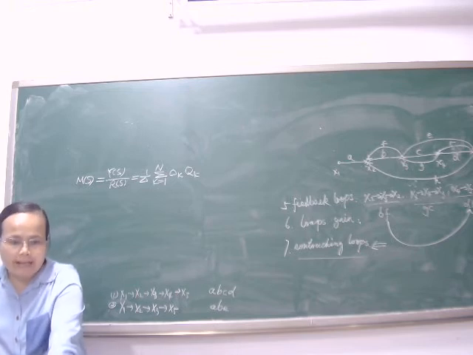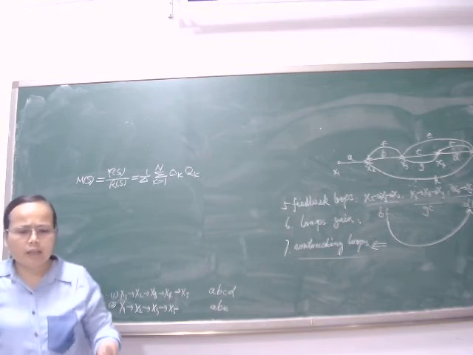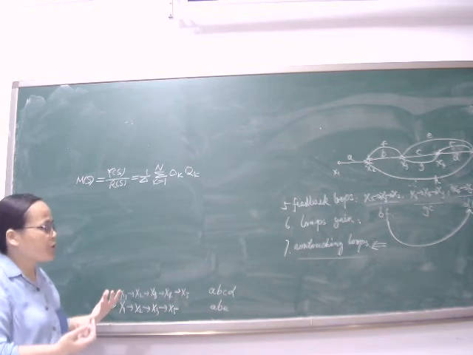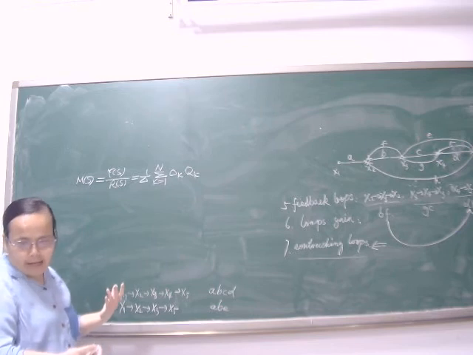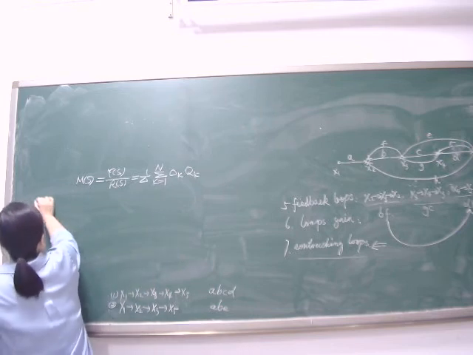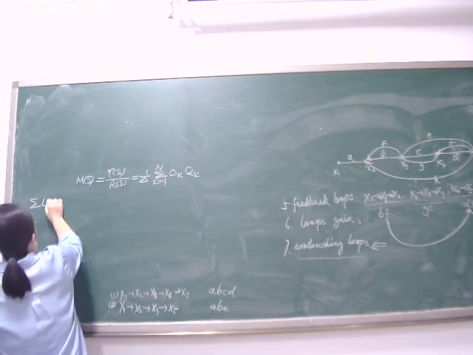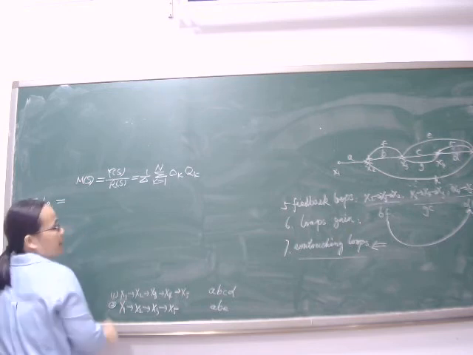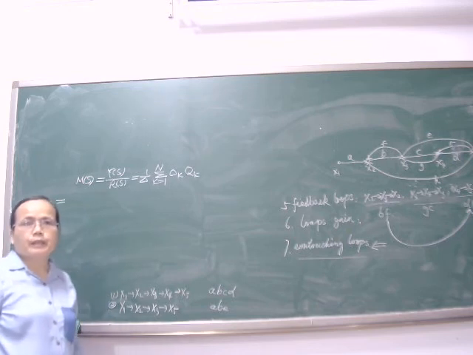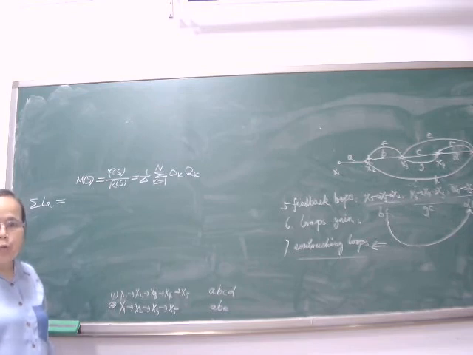And this delta is 1 minus, we can see here how many loops, L1. So we should find L_A. L_A equal to what? L_A means all these loop gains.